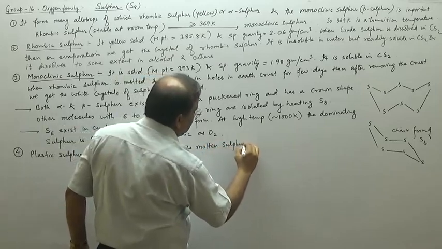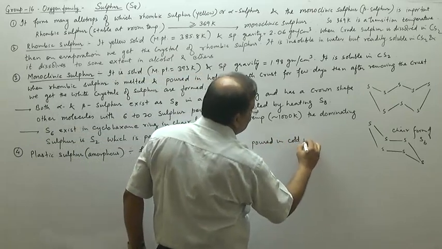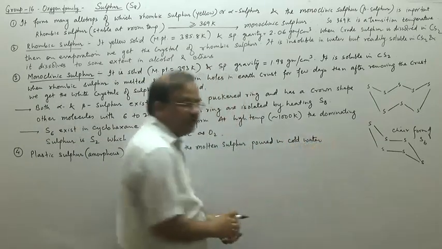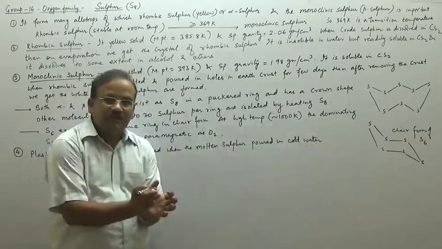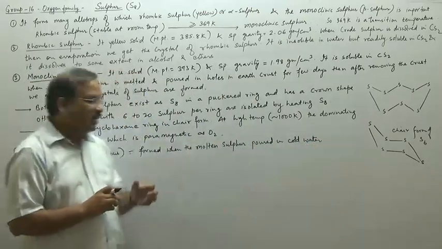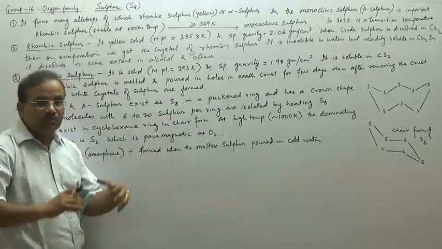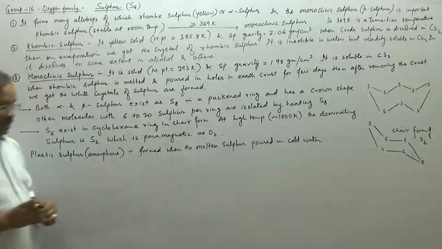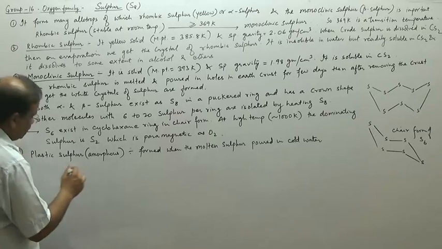In cold water the setting, the fusion, takes place very fast, so it will not form crystalline sulfur and we get random close packing. Due to that random close packing, it is amorphous in nature. It is a chain-like molecule with rubber-like properties.